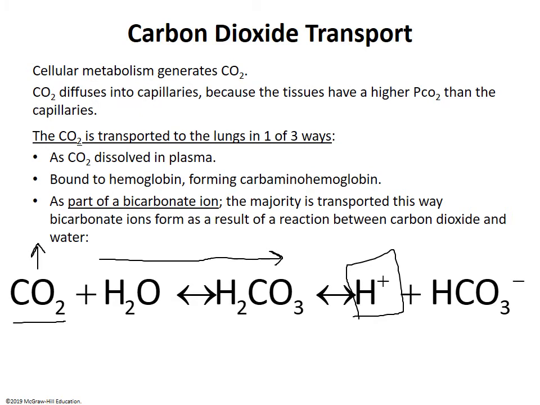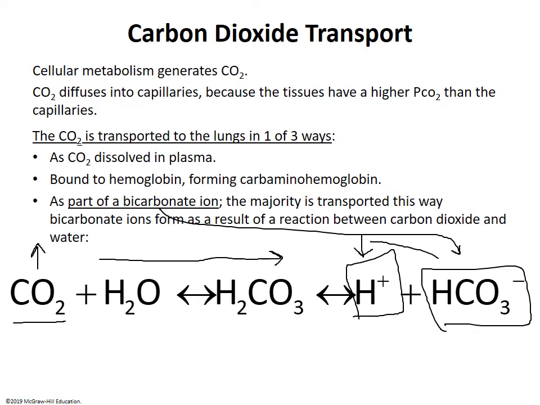All right, so this is a buffer system in our body that's meant to try and keep pH normal. Because if I have extra hydrogen ions, this bicarbonate, which is the way that it's transported, is going to absorb that and form carbonic acid, which is going to break down to water and carbon dioxide, and then we breathe out the carbon dioxide. So this is how it works.